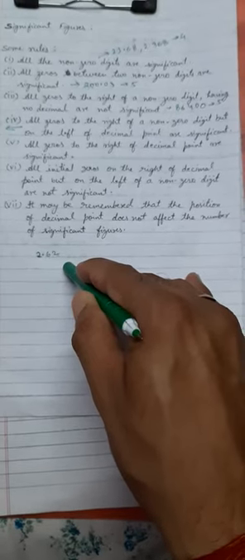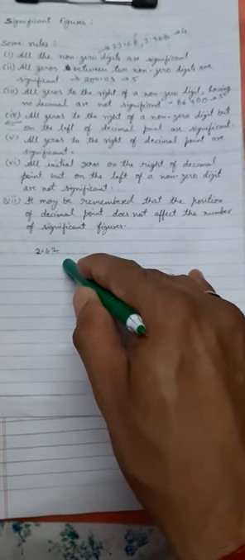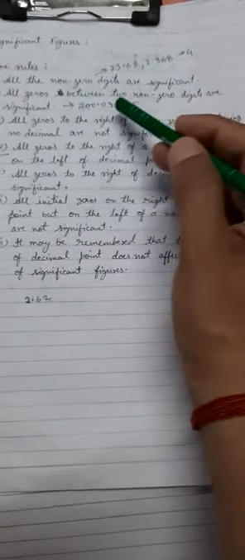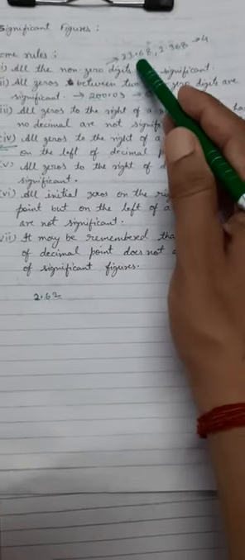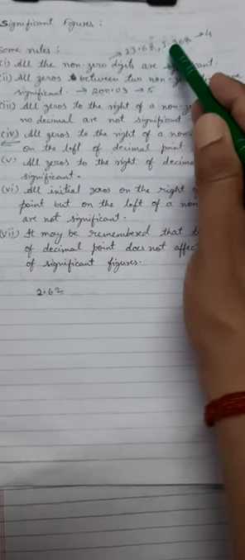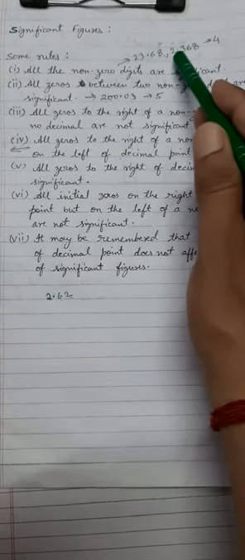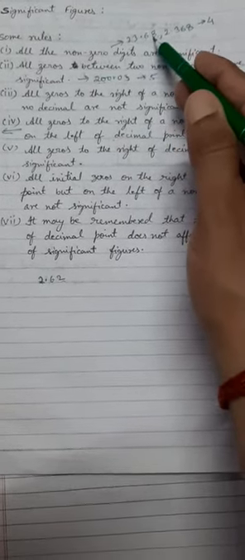The first rule is all the non-zero digits are significant. All the non-zero digits are significant. See here, I have written 23.68 or 2.368, all these numbers, or you write 236.8, all these have 4 significant figures, 1 2 3 4.